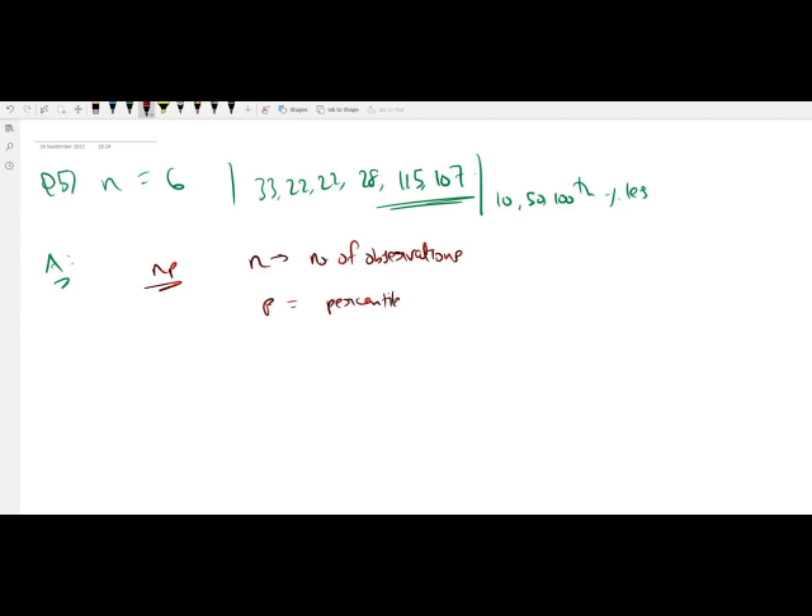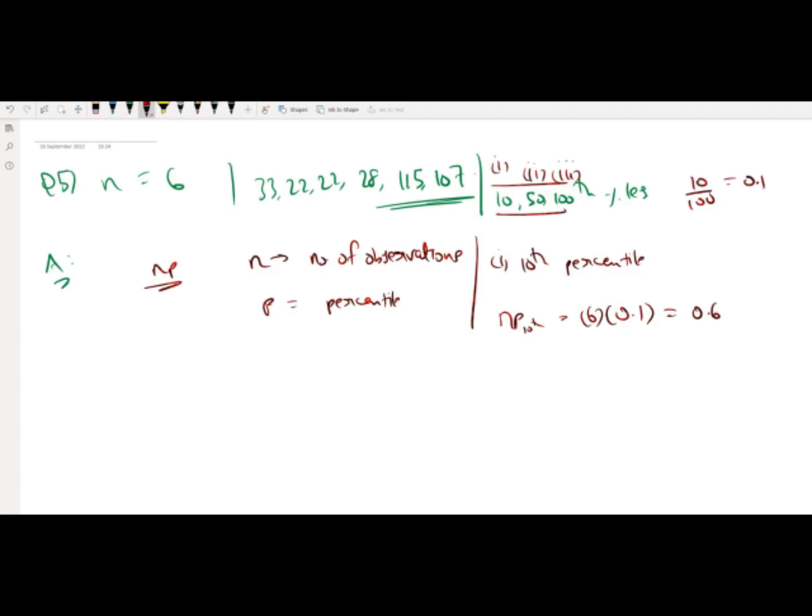Let us divide this into 3 sections: 10 stands for 1, 50 is 2, and 100 is 3. For the first section we are asked to find the 10th percentile. It would be n into p. Here we got 6 observations, 6 into 0.1, because 10 by 100 is 0.1.